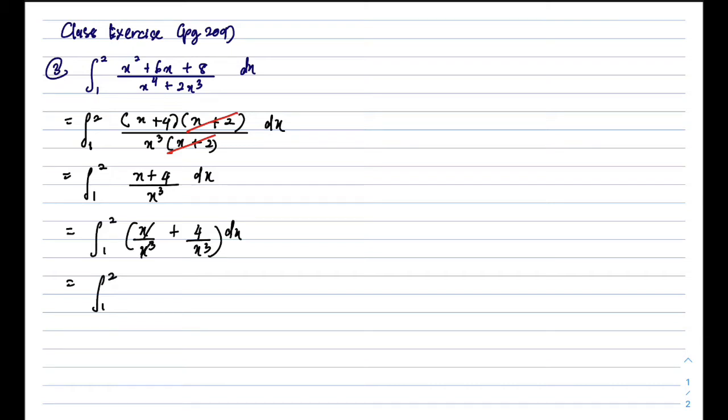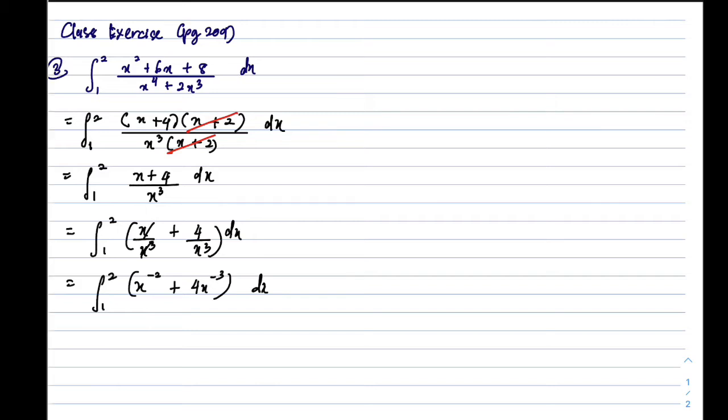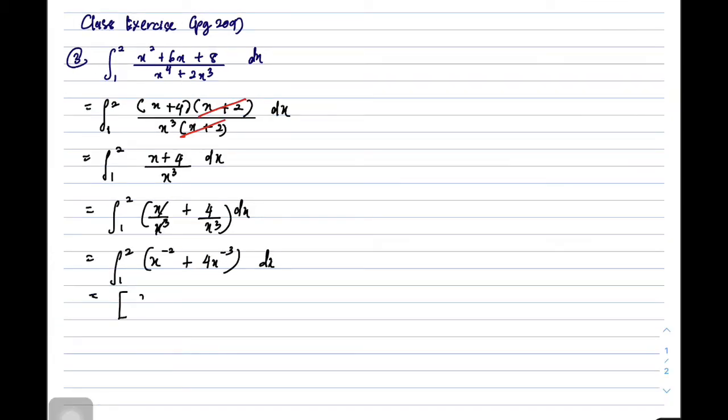When you cancel out x to the power of negative 2, we bring x to the power of 3 up, then it will become 4x to the power of negative 3 dx. Then you will get x to the power of negative 1 over negative 1, plus 4x to the power of negative 2 over negative 2. The limit is from 1 until 2.